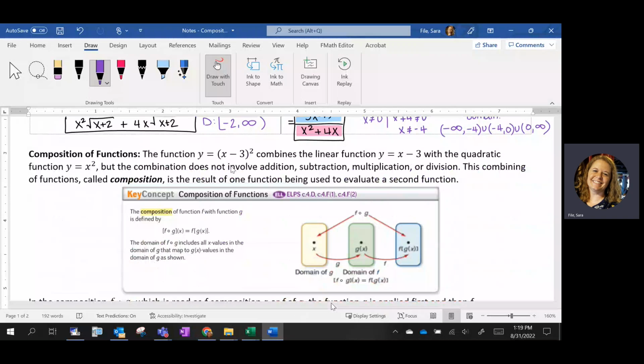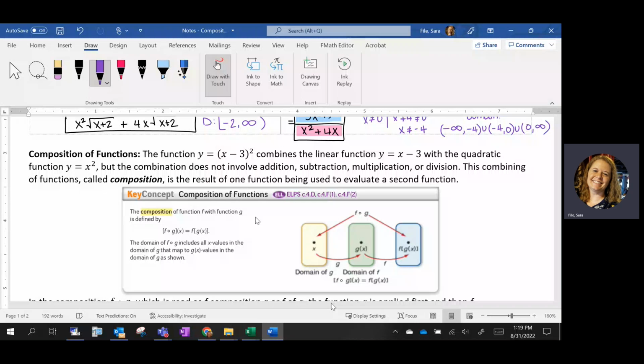But if you look at squaring a base value, your x term, that's your quadratic function. So this is a combination. A linear function has been input into a quadratic function. Y'all see that? Does that make sense? So composition is not add, subtract, multiply, divide. It's inputting functions into each other.